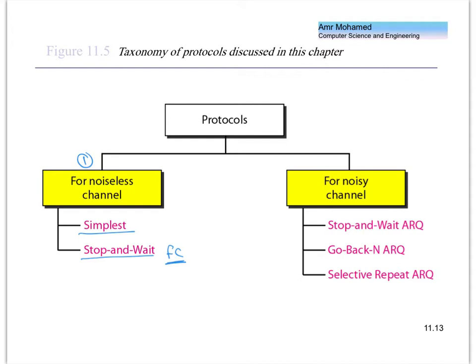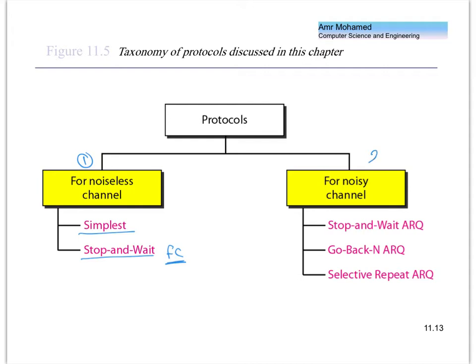For each frame that is sent, it has to wait for acknowledgement. And as we said, the acknowledgement confirms from the receiver side that the receiver is actually receiving what you are sending. So flow control using stop and wait makes sure that the receiver is coping with the speed at least.